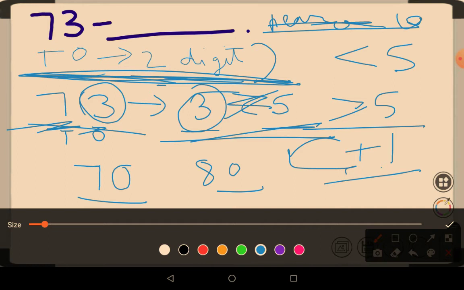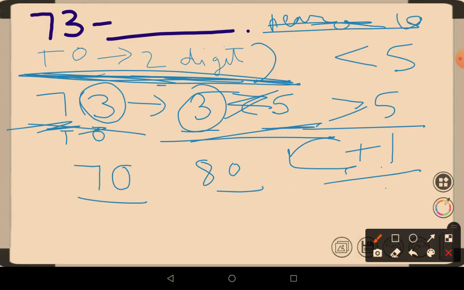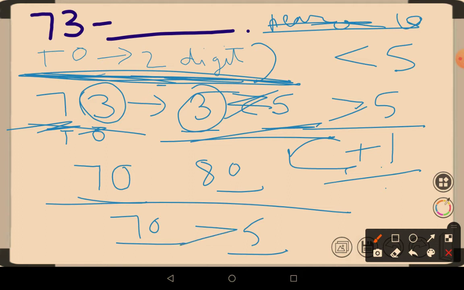Okay. So now I guess you got your answer. So 70. How is it 70? Because it's compared with 5, and if it is greater, I will add 1. And if it's smaller, I will keep it the same, because I don't want to take it more or less, and keep 0 at last.